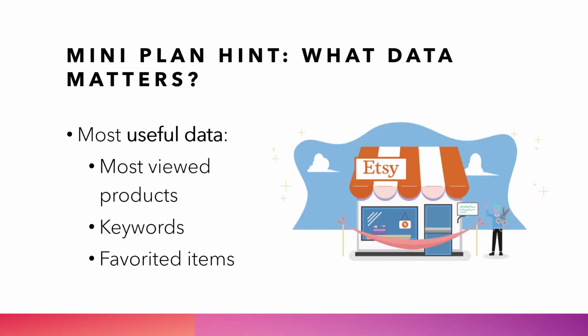For a small Etsy shop, the most useful data might be which products get the most views, what keywords bring people to the shop, or which items get favorited, not someone's full identity. So keep that in mind when you're answering the data questions in your mini marketing plan activity.